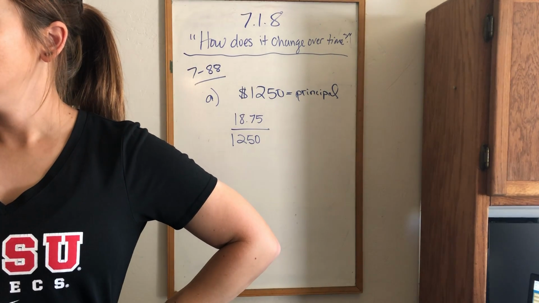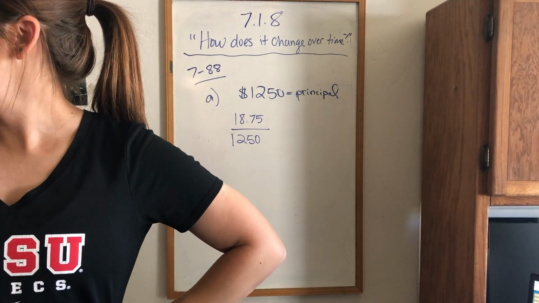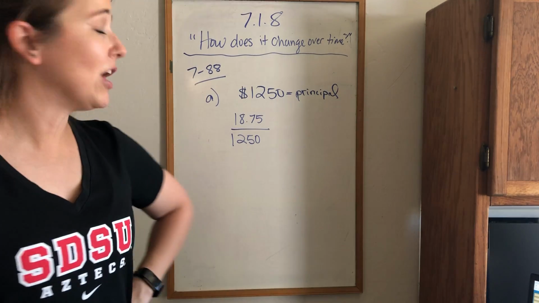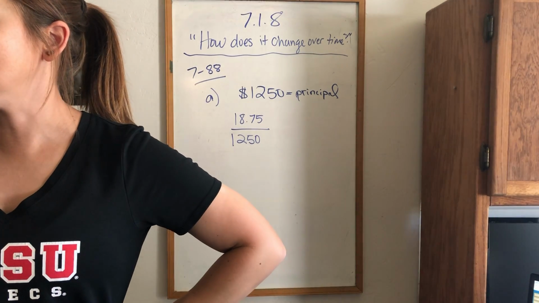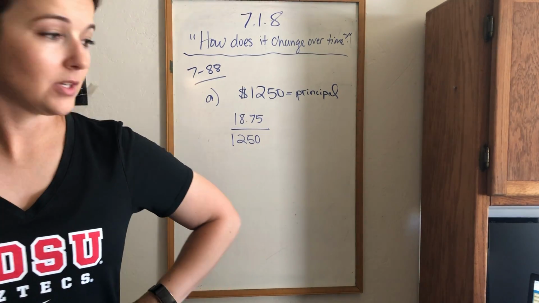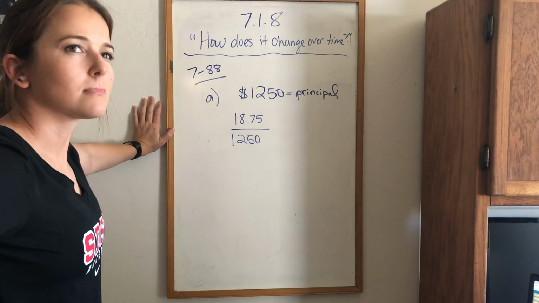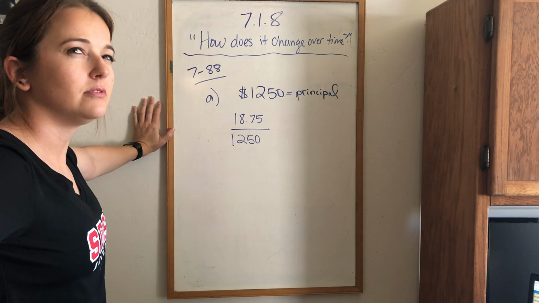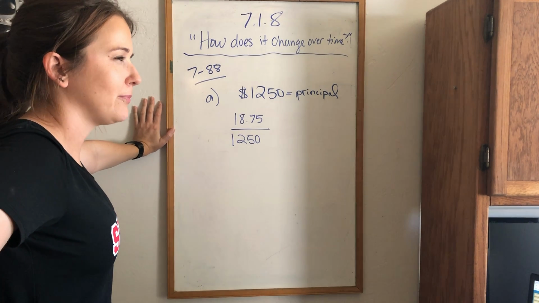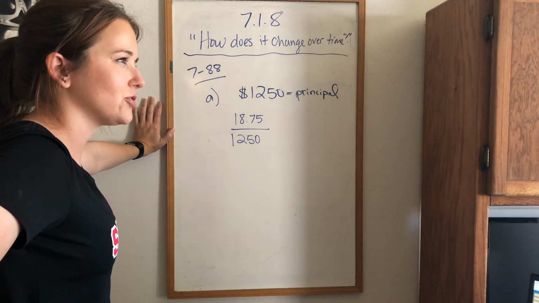18.75 divided by 1,250. 0.01, but hang on. What were the numbers? 18.75 divided by 1,250.